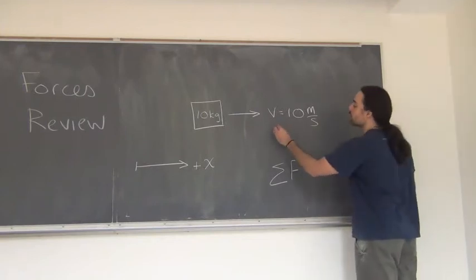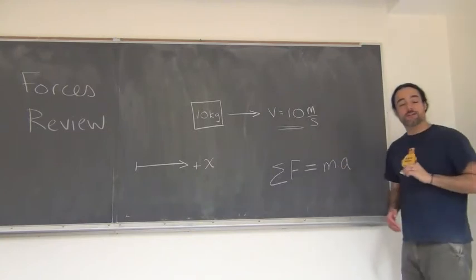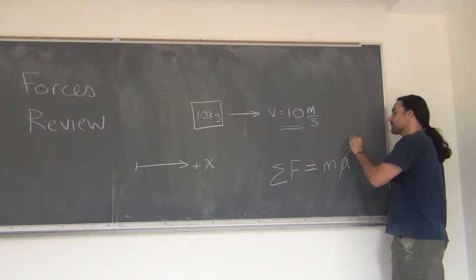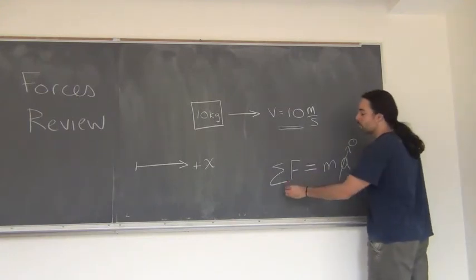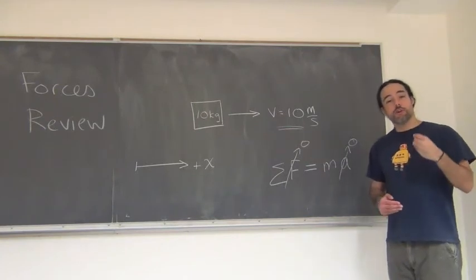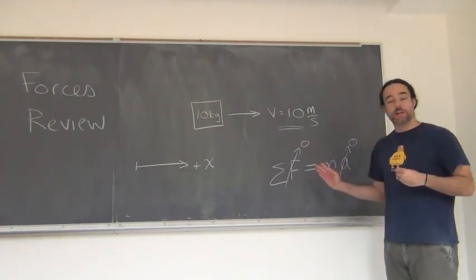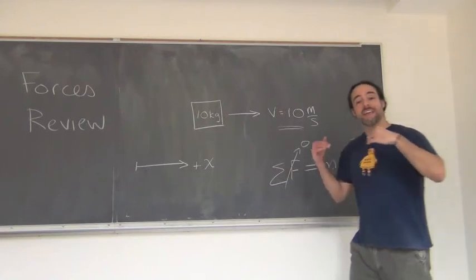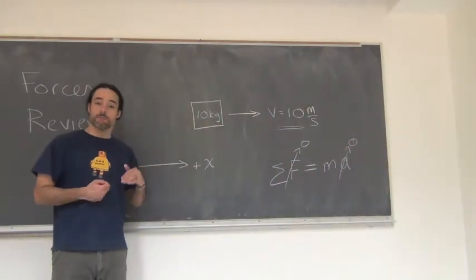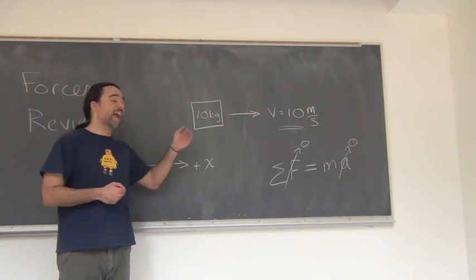But we have said that the velocity is a constant 10 meters per second. Therefore, this is zero. Therefore, the net force must also be zero. There's got to be no net force if the object is not accelerating. If it's not accelerating, it cannot have a net force, even though the object is moving. If I have a force, the object has to be accelerating.